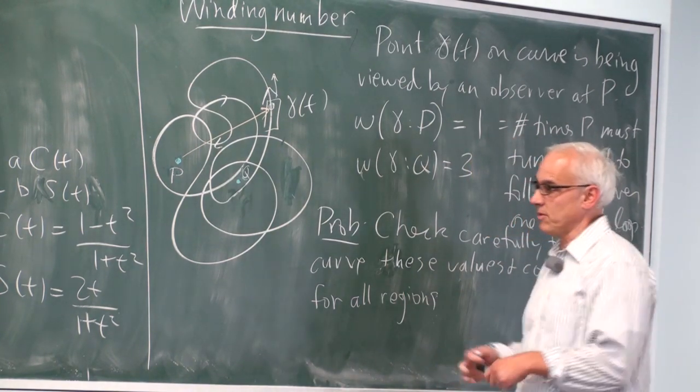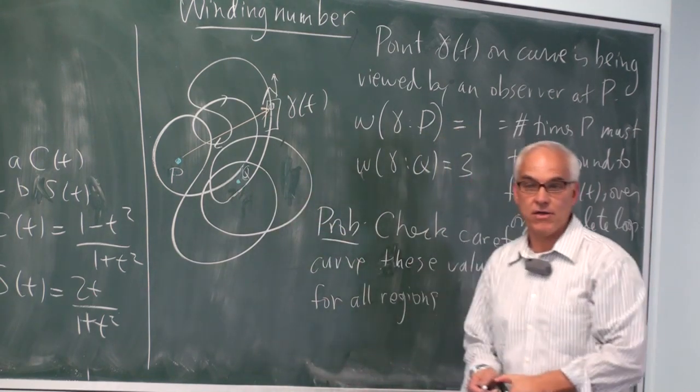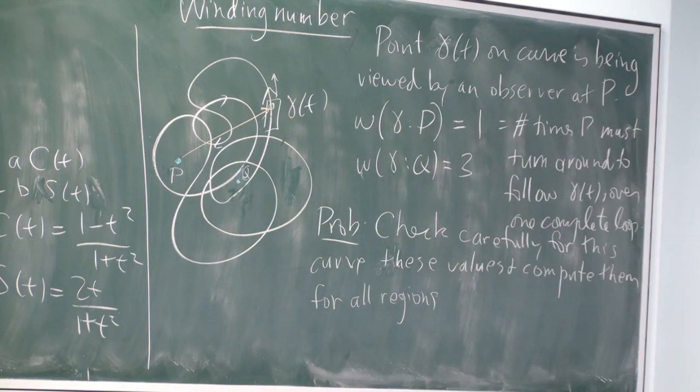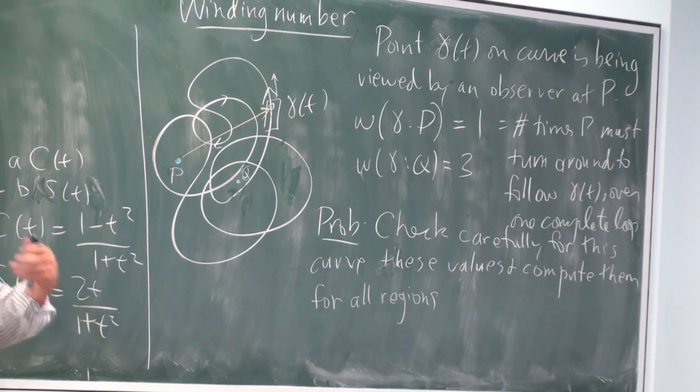Right? At least in principle, it's possible that the winding number is going to be different as we go from one region to another. And that's kind of a natural question: is there a pattern, or is there a way to predict, instead of having to do them one by one, what the various possibilities are?